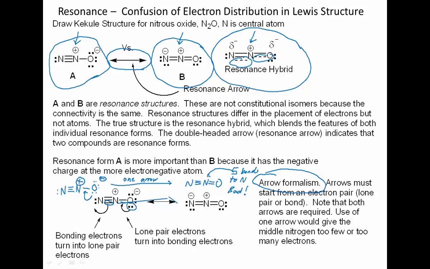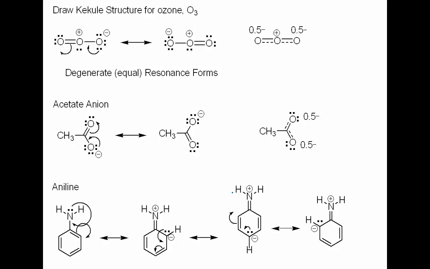So we have to keep moving the arrows in such a way that we never end up with a hypervalent structure. Okay? All right. So you'll appreciate this as we use it more and more throughout the class, and hopefully you'll get to understand it. And I always tell students, bite the bullet. Understand arrow formalism, and organic chemistry will be one of the easiest classes that you ever take.